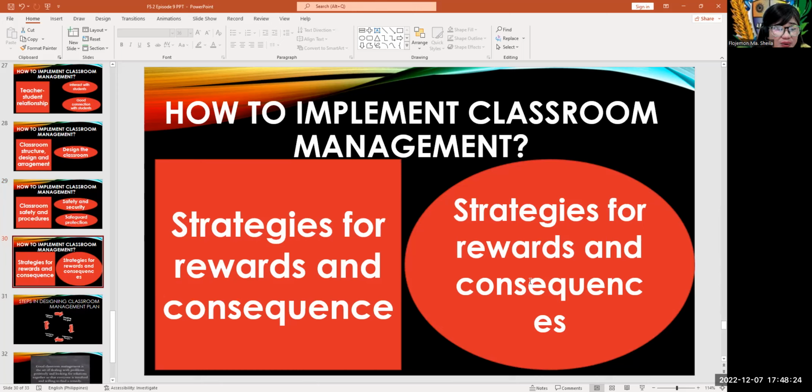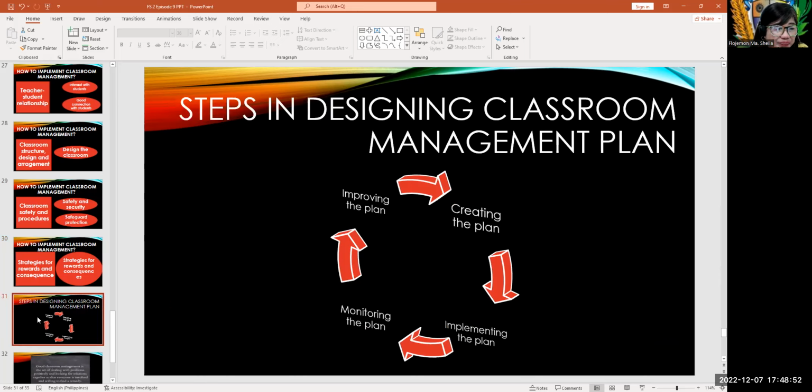And also, you have to let your students understand the consequences of their actions. And these consequences should be used appropriately. And you have to sync your system inside the classroom to the system of your whole school. You have to sync the two.